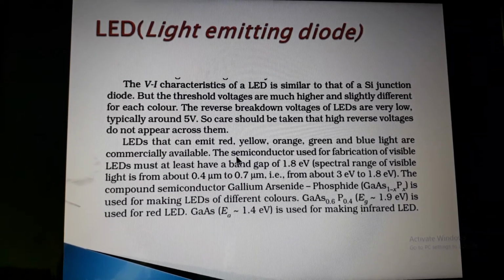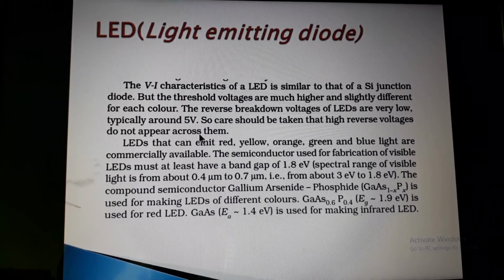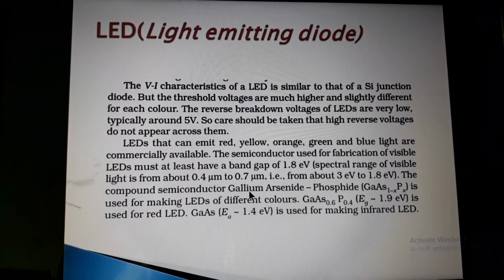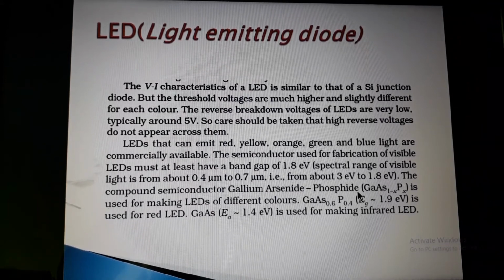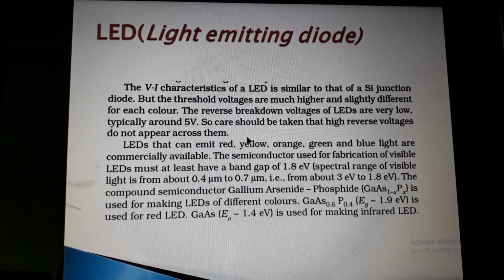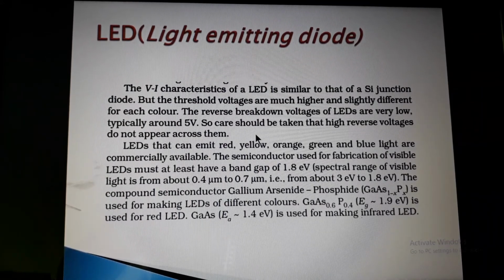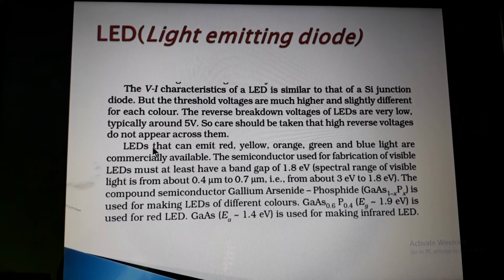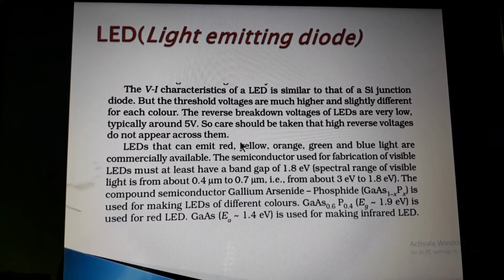Now in an LED, the PN junction diode is made from gallium arsenide and gallium arsenide phosphide. In an LED, there is emission of a wavelength. Suppose that wavelength is in the red range, then the LED emits red light.